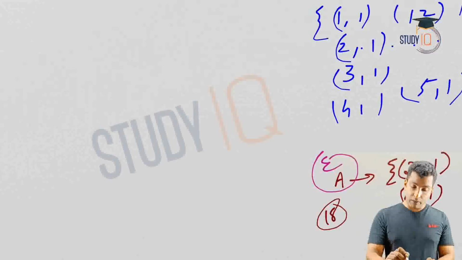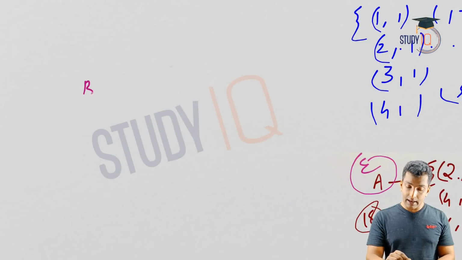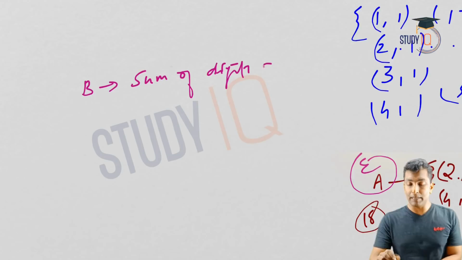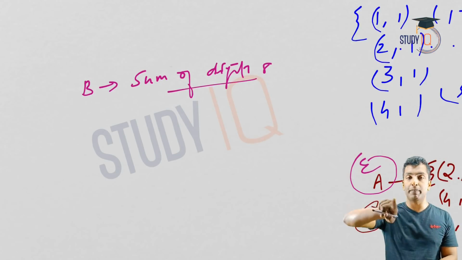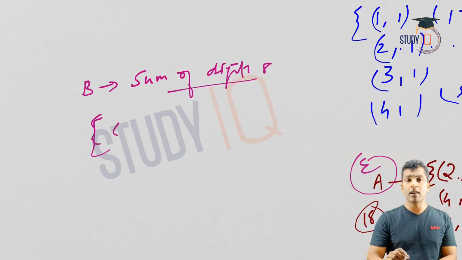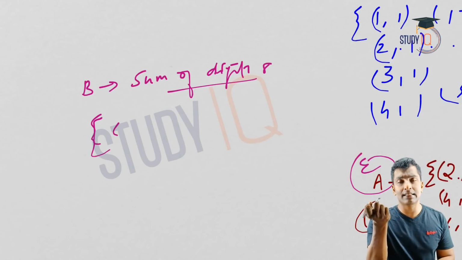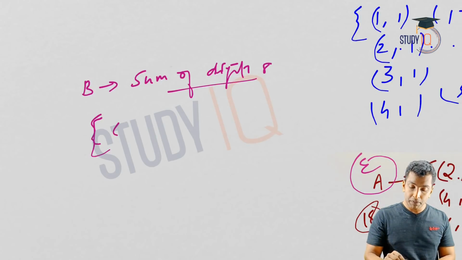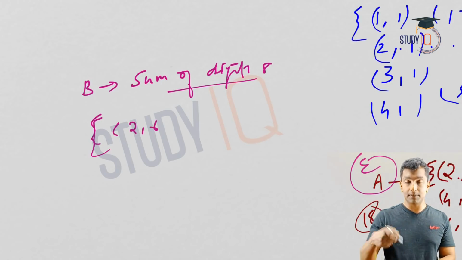Now let me give you one more case. B is another event defined as getting an outcome with sum of digits 8. That means when you roll 2 dice, the sum should be 8. What are the possibilities? Starting with 1, the maximum you can get is 6, which is 7, so starting with 1 you won't get it. With 2 at this end, the other is 6.